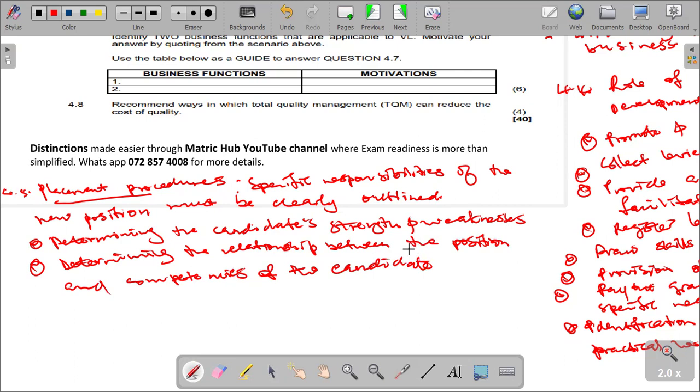So we are basically saying the candidate who is hired must be evaluated on a merit or on a scale to identify whether the candidate really fits the job specifications that are outlined versus what the candidate has, in order to ensure that the placement is comprehensive and very complete.